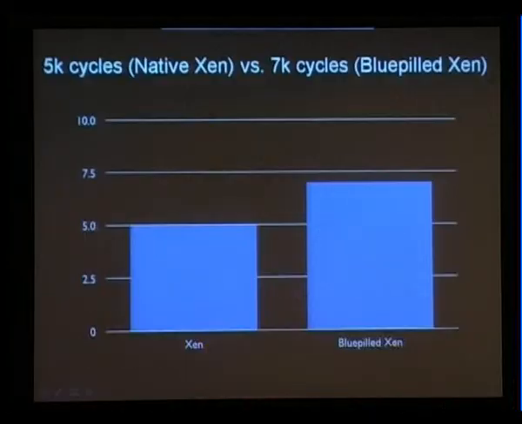because original Xen takes, for example, 5,000 cycles to service a typical VM exit, like CPUID, let's say, and Bluepilling the Xen takes 7,000 cycles. So 2,000 cycles are added by the Bluepill.